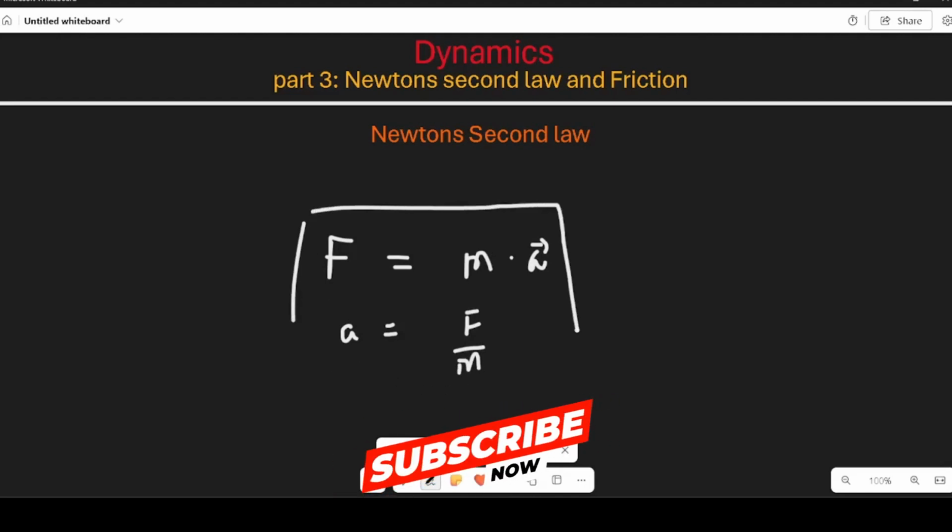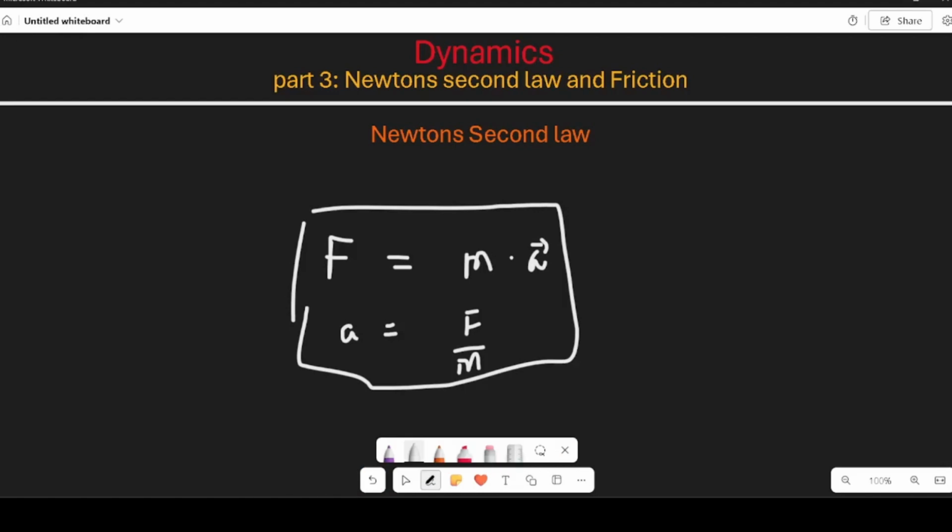This is Newton's second law, basically. Otherwise stated, acceleration is inversely proportional to the mass and directly proportional to the force.